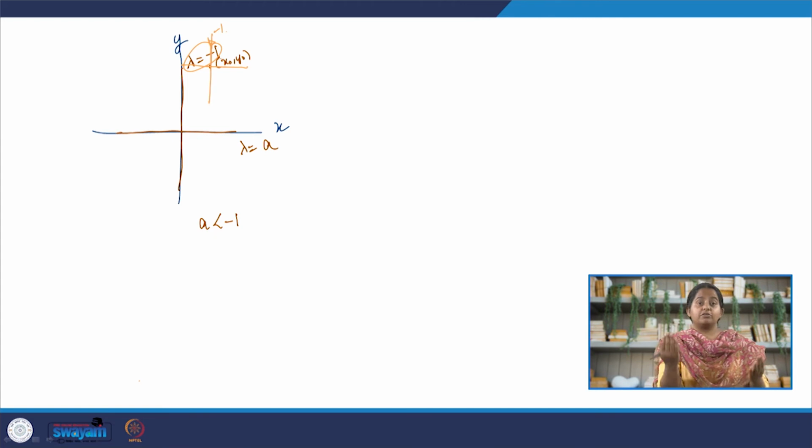So, the movement is towards the fixed point, and the magnitude of the growth rate is 1. In the eigenvector that is parallel to the x-axis, the growth rate is a, which is negative. So, again the movement will be towards the fixed point 0, 0, but the magnitude would be a. Notice a is bigger in magnitude than -1.